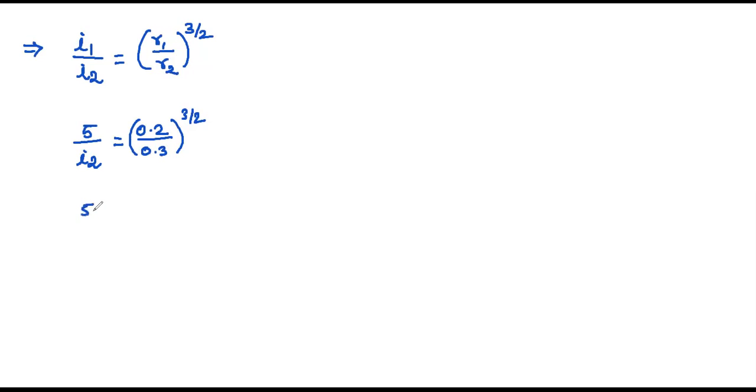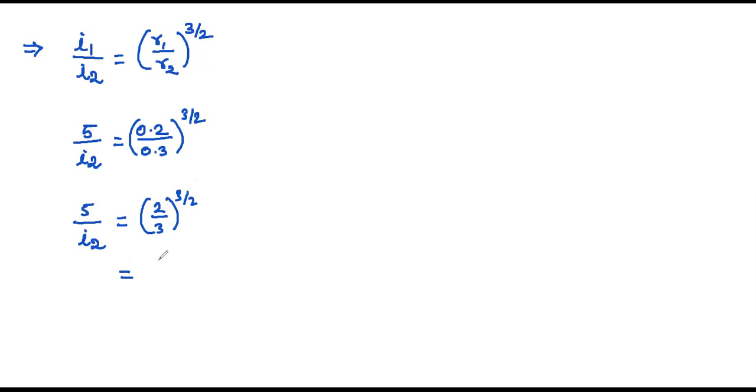So this is 5 by I2 is equal to, this is nothing but 2 by 3, so 2 by 3 whole power 3 by 2, because I multiplied and divided by 10 inside. Now see, what is the square root, and the cube of this, how much will we get? This is 8 and this one is 27.